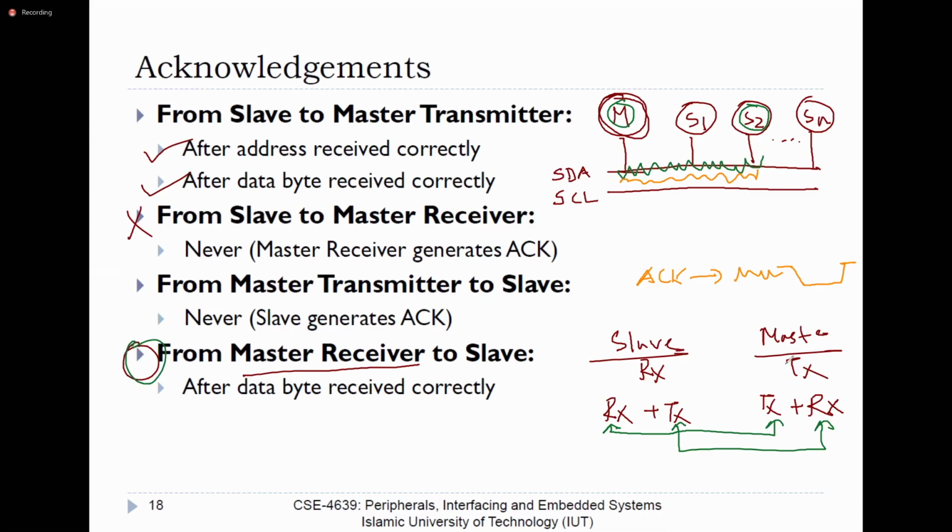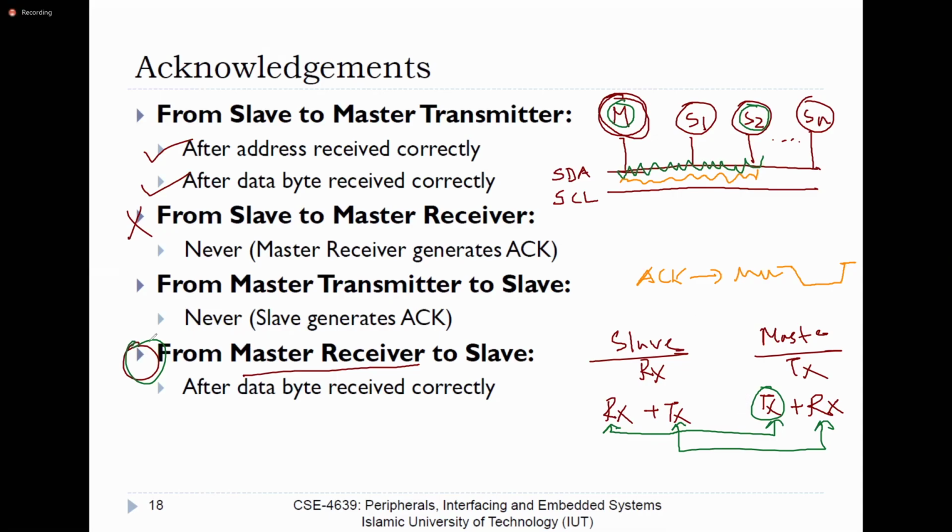For the master receiver from slave, one acknowledgement is sent after receiving the data byte from the slave. But the master actually sends the slave address to select that slave, saying send me the data, so that the slave can send the data.